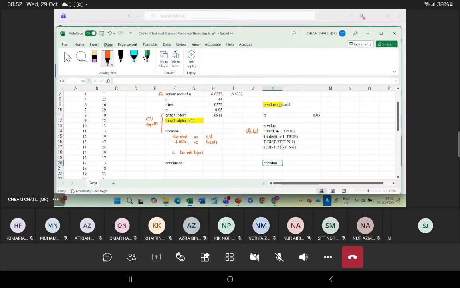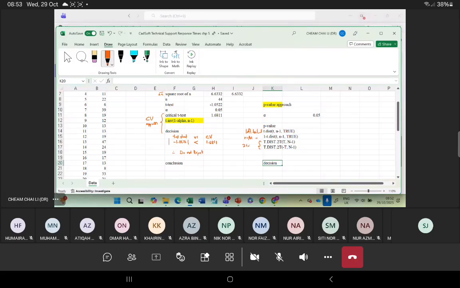If you have a left tail test, yeah, left tail test. If you have the right tail test, you use this 1 minus T.DIST, right? So open bracket, t, comma, degree of freedom, comma, true. Kalau ada right tail test. And these two adalah two tail.